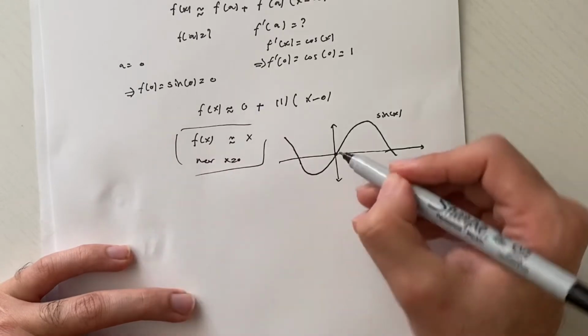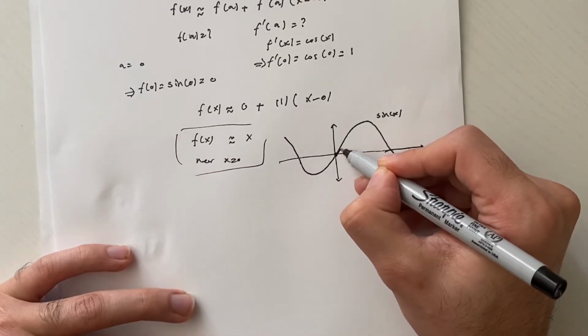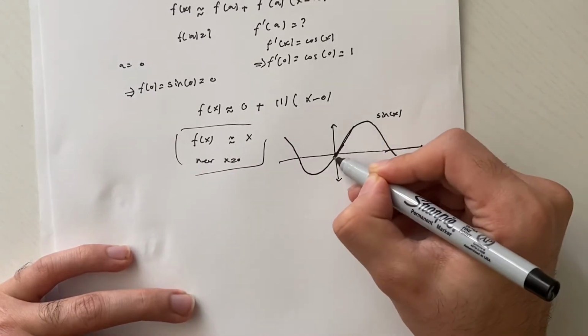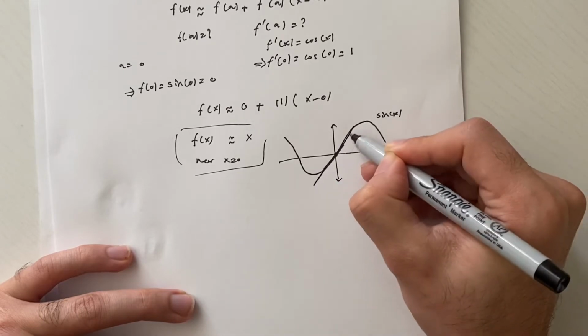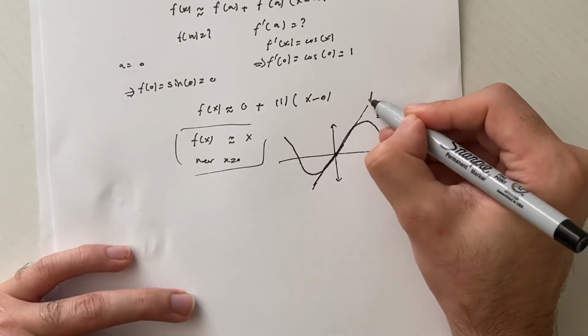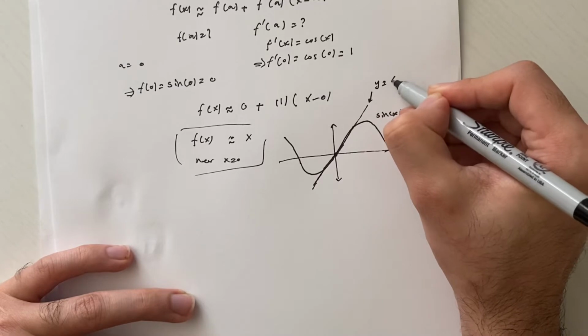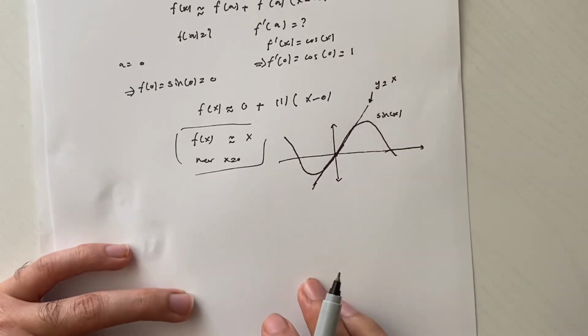So what we get, just x, is a line that passes through the center. We can also call it y equal to x.